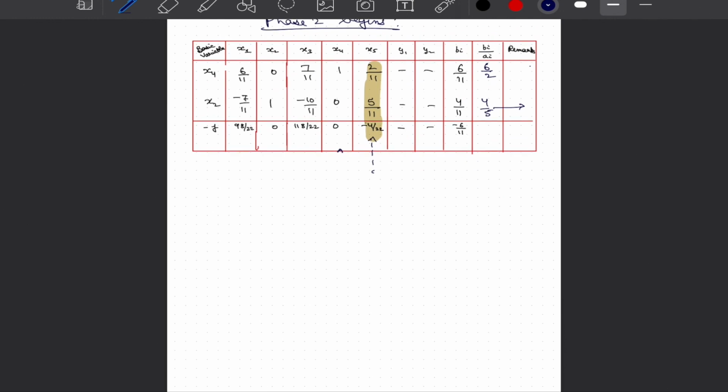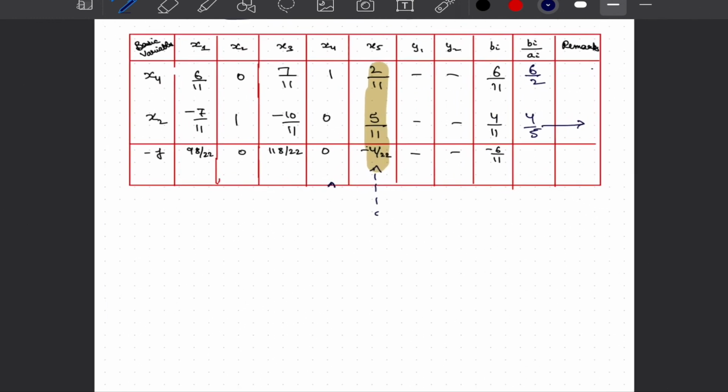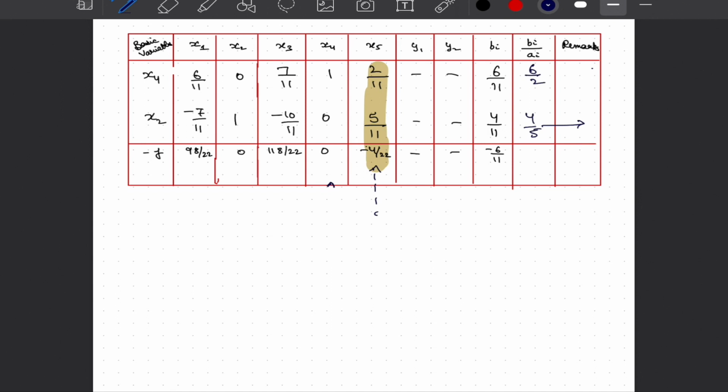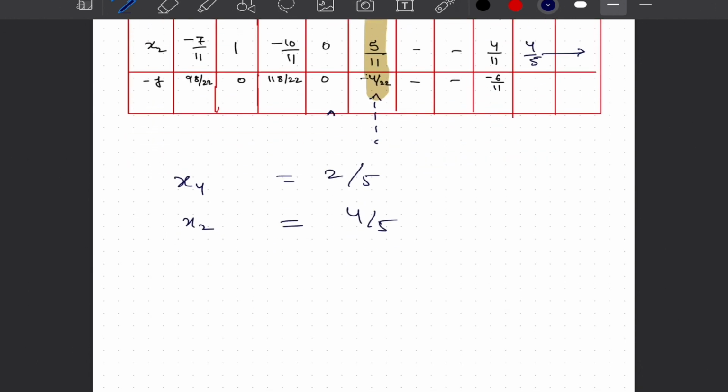Now this would progress ahead as a simplex method as we have learned, and in the next iteration you would see that once you solve for x4 and x2, and after making all the necessary calculations, which I will leave up to you, the value of x4 would come out to be 2 by 5, and the value of x2 would come out to be 4 by 5.